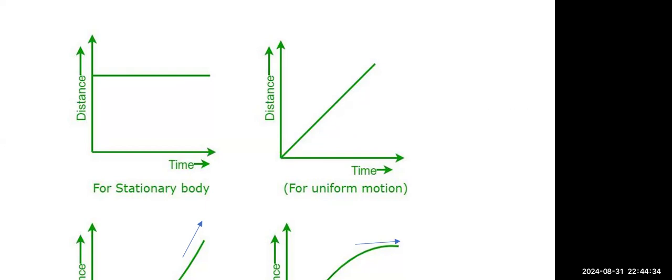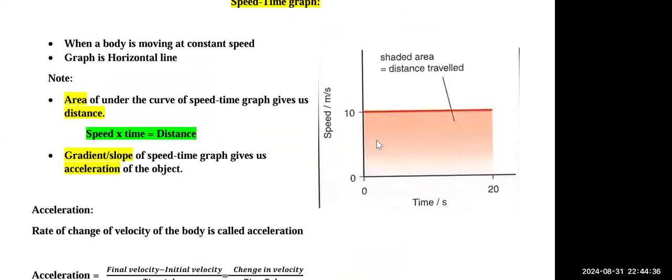But in the speed time graph, when a body is moving with constant speed, the graph will be a horizontal line parallel to the x-axis. Remember, this is a key point.